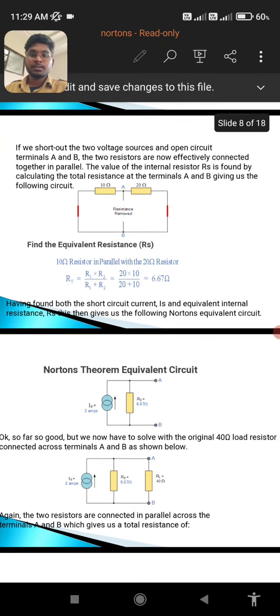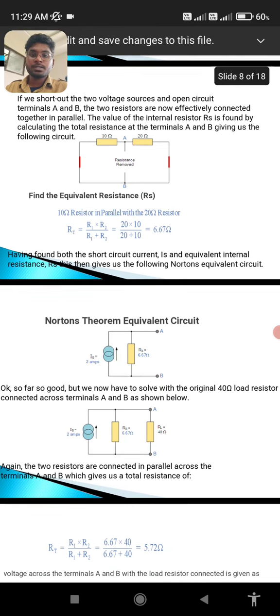Find the equivalent resistance Rs. The 10 ohm resistor is in parallel with the 20 ohm resistor. RT = R1 × R2 / (R1 + R2) = 20 × 10 / (20 + 10) = 6.67 ohms.